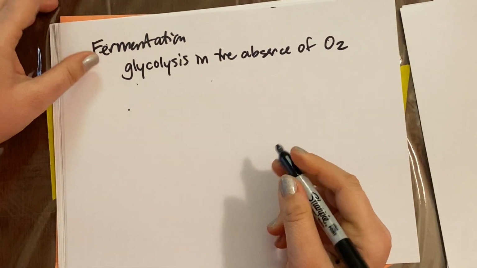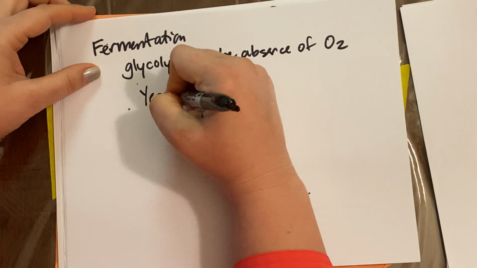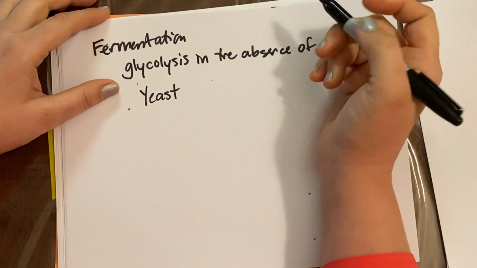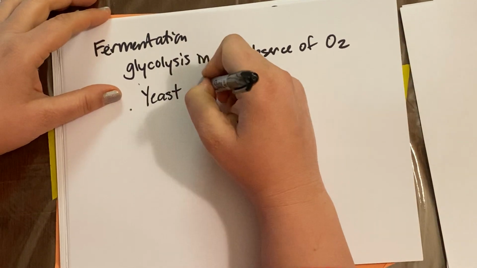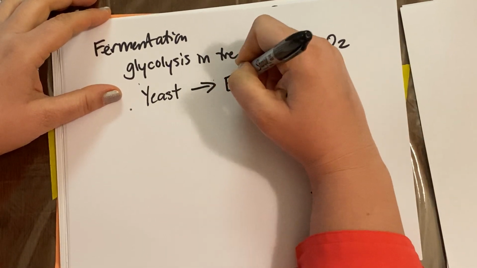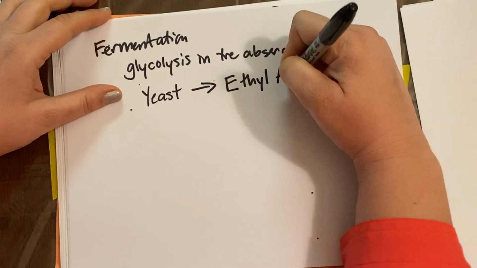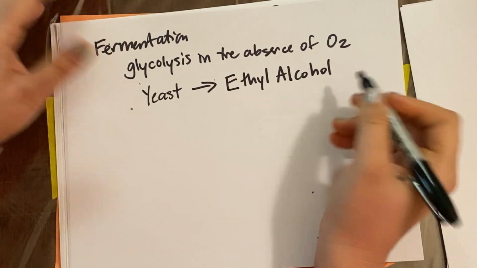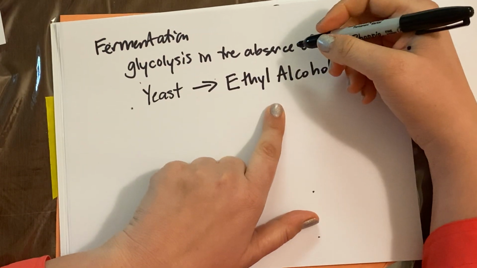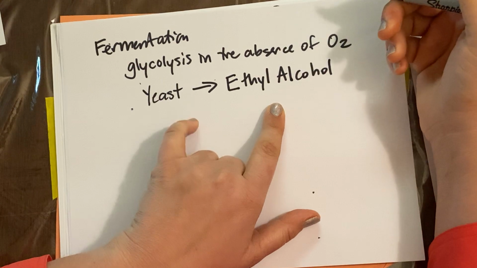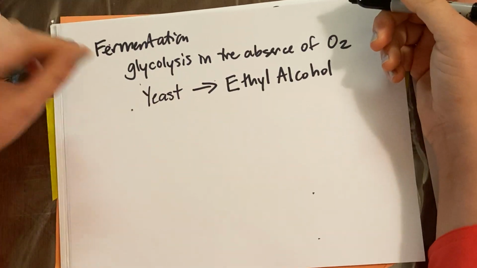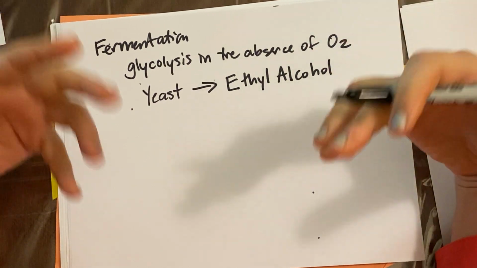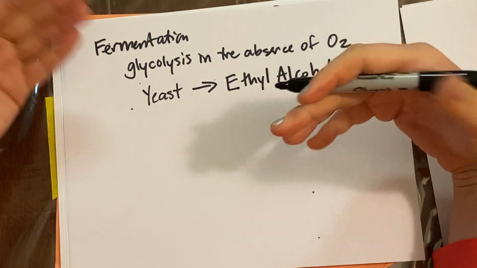When other organisms like yeast or bacteria do fermentation, they don't always make lactic acid. Some of them will produce something called ethyl alcohol. We may not have heard it called this, but this is the alcohol that we actually drink. Beer and wine are produced in this process of fermentation, where you take these microorganisms and basically force them to do fermentation in the absence of oxygen, which then produces these byproducts.